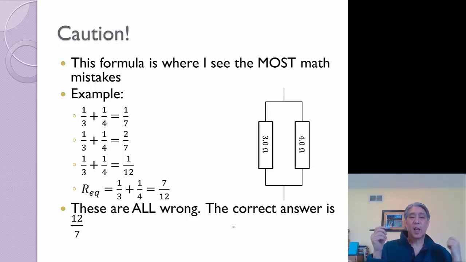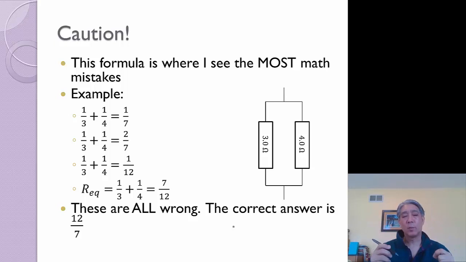And I've seen more errors, but this is a fairly common one as well, where they make the formula that R equivalent is equal to 1 over 3 plus 1 over 4, which mathematically is correct as 7 over 12, but it was the wrong formula.